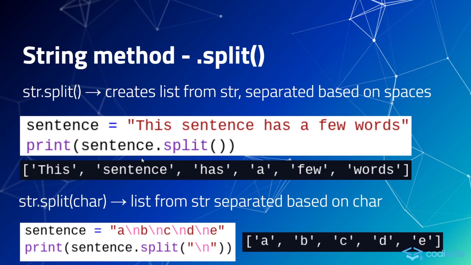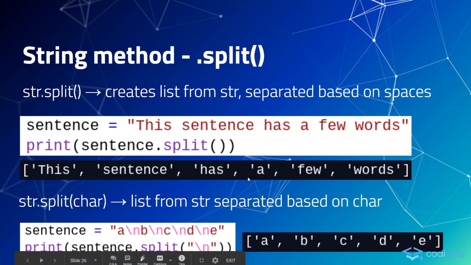If we wanted to split it based on something besides a space, we would have to specify the parameter inside the parentheses. For example, here I have a sentence that is A, \nb, \nc, \nd, \ne.